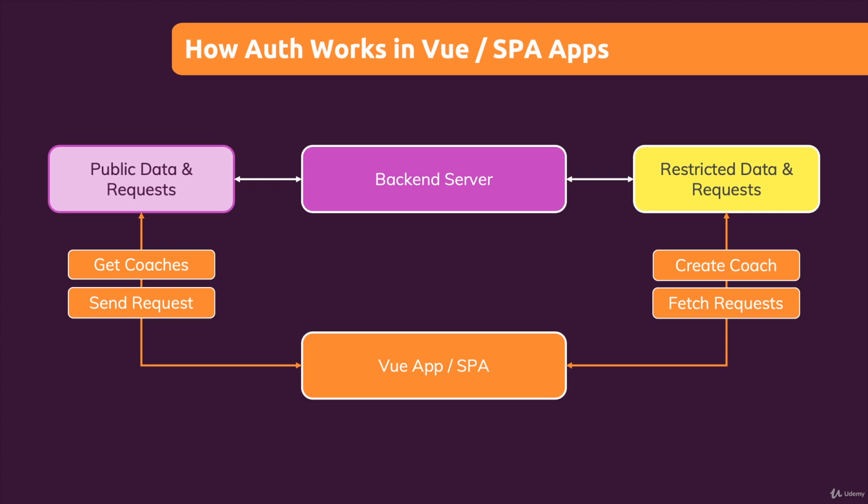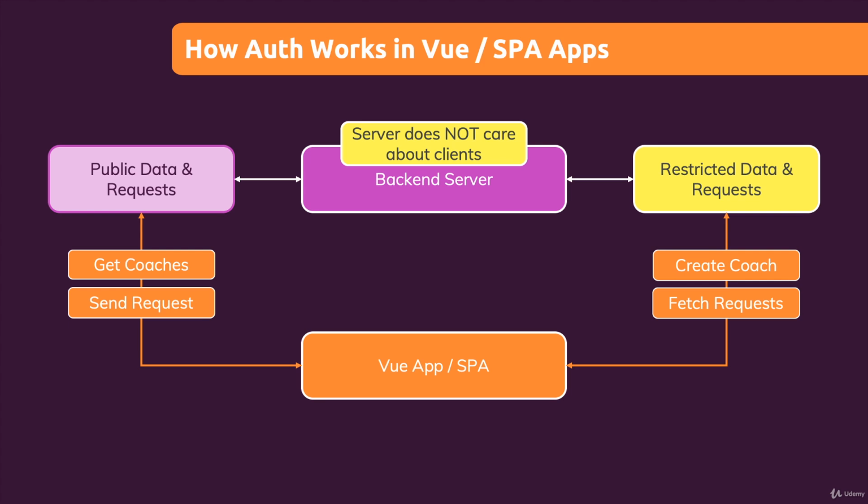Now, the thing is, with this setup where our web application, our website, is kind of detached from the backend, it's not served by the same server, and the backend doesn't really know the front end. In such scenarios, the server really does not care about the clients, so about the Vue application in this case.